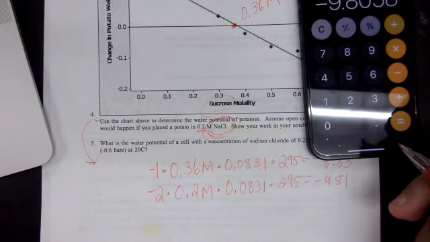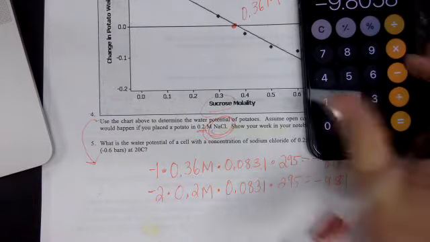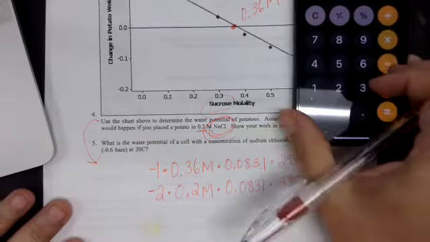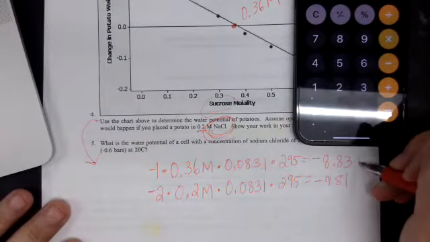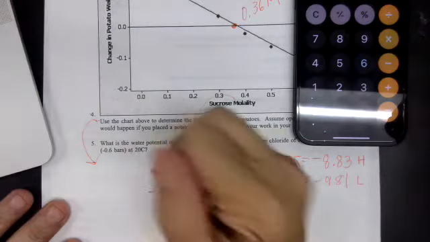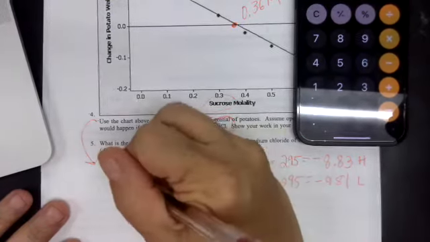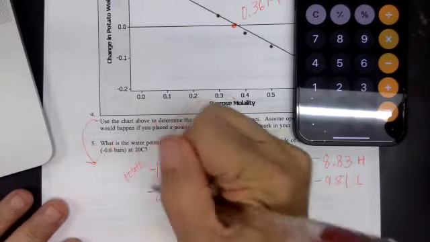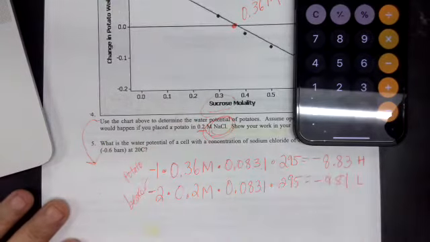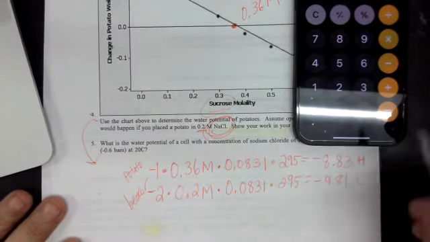-9.81. All right. So again, we're going to ask ourselves which one of these is the higher number, which one is the lower number. So this number is higher, this one is lower. And this is the potato, and this is the beaker. I just call it any environment beaker. I'm assuming that's what we're putting it in.